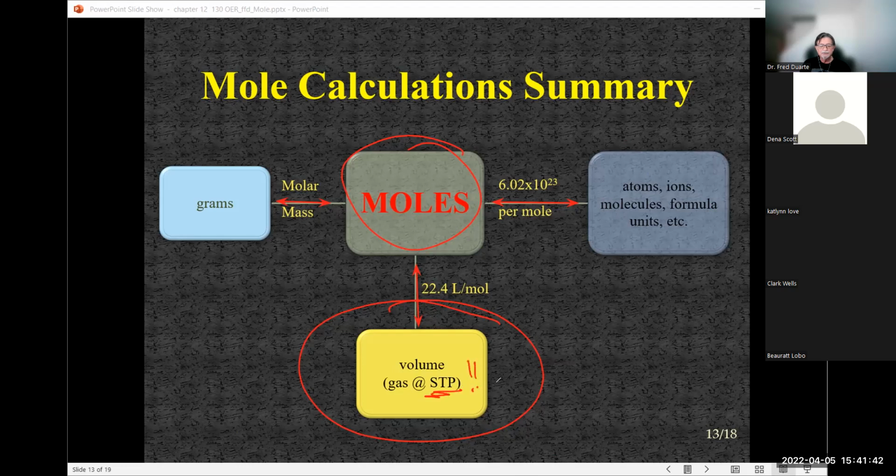If you're not at 0 degrees Celsius and 1 atmosphere, you cannot do the yellow part, you cannot get to a volume or go from a volume. Now we can go from volume in this direction to atoms, or I can go from volume all the way to grams, but only through moles. Only through moles.